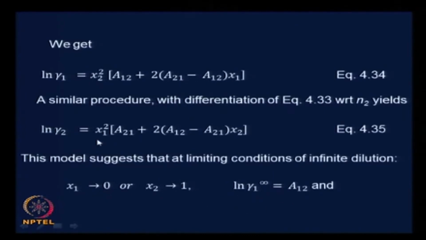Similarly, in the flip case where x2 goes to 0 or x1 tends to 1, ln gamma 2 at infinite dilution equals a21. These are limiting conditions that we can use to check and get some quick estimates.